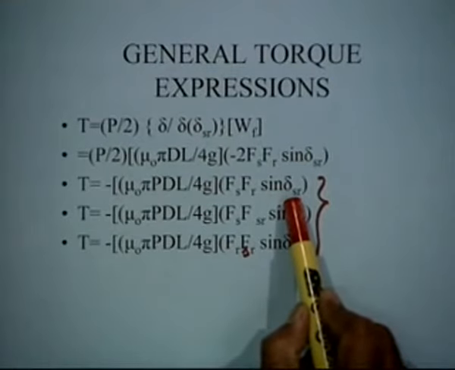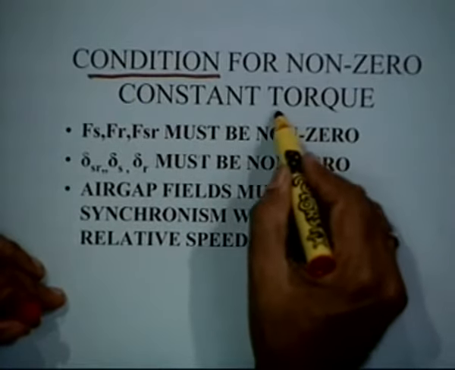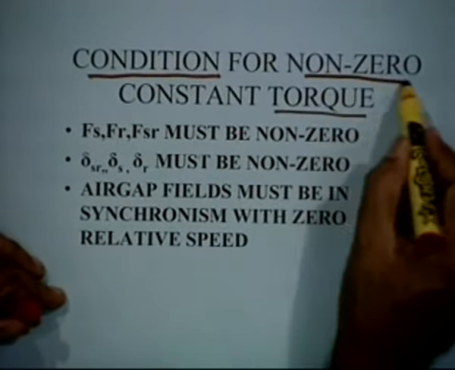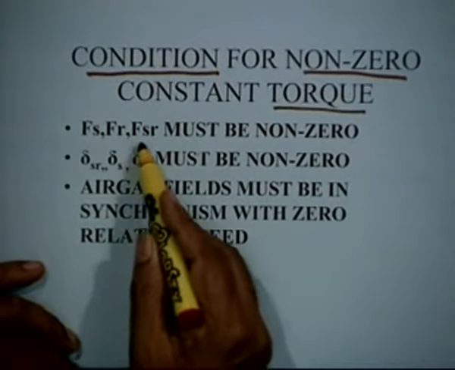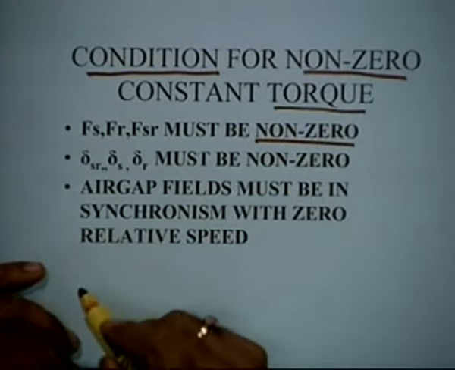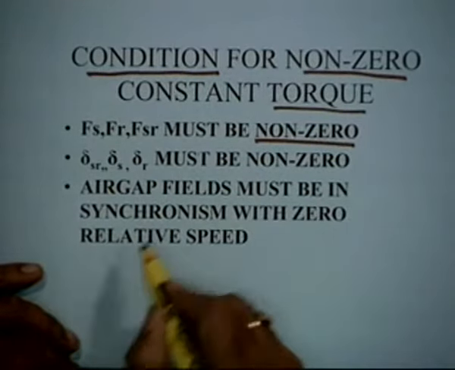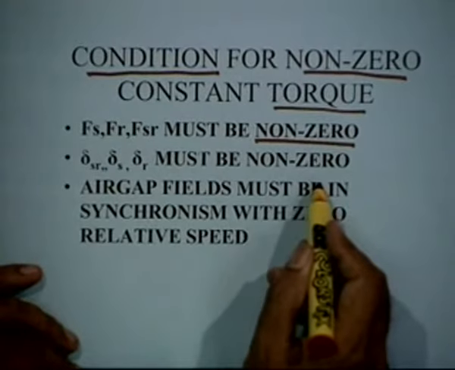So the condition for torque development we can now obtain as follows. This is what we are looking at. The condition for non-zero torque: Fs, Fr and FSR must be non-zero. This is one condition. Then delta SR, delta S and delta R must be non-zero.